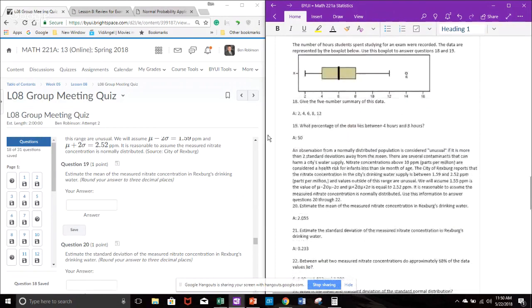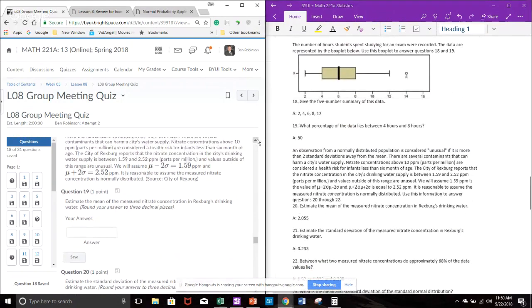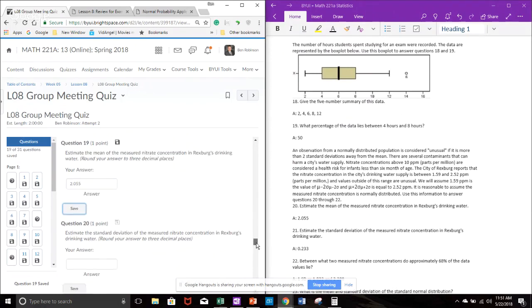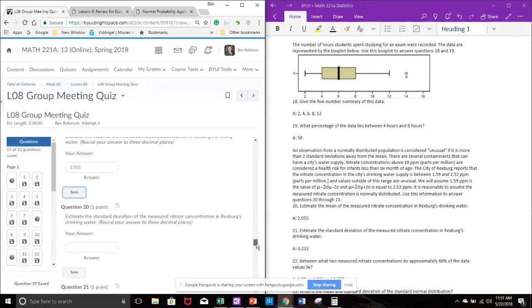So here's what we know. The mean plus 2 standard deviations is 2.52, and minus 2 is 1.59. So if you take 1.59 and add 2.52 and divide by 2, we get 2.055, and that's the mean. Is that the answer you got? Yes, I got this answer, but I did it in a different way.